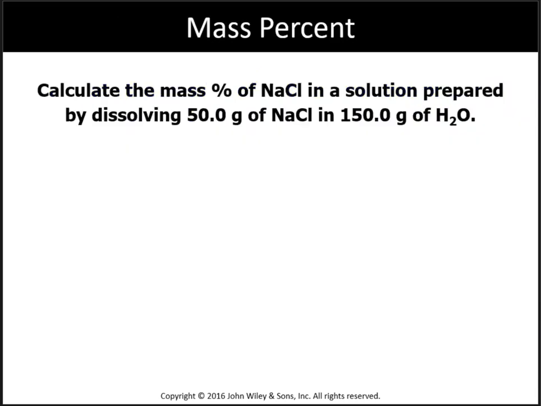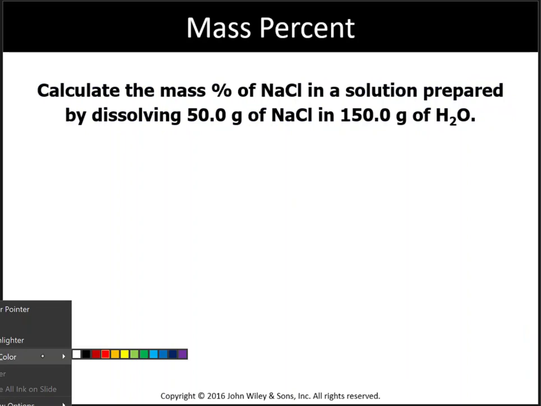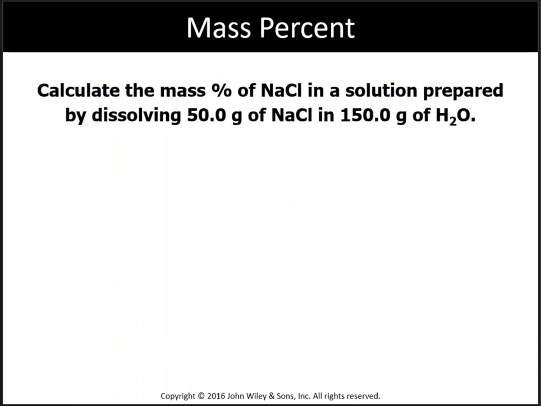Now let's look at a few examples here. You want to calculate the mass percent of sodium chloride in a solution prepared by dissolving 50 grams of sodium chloride in 150 grams of water. So mass percent, what do I know about mass percent?